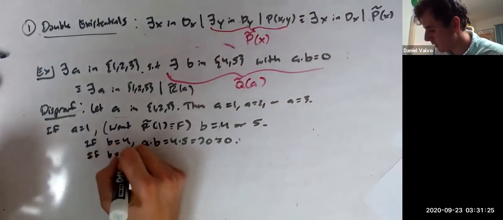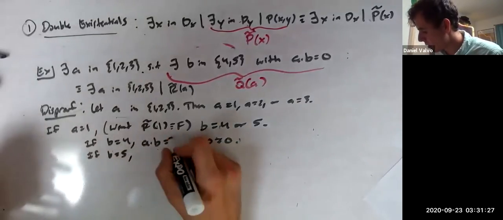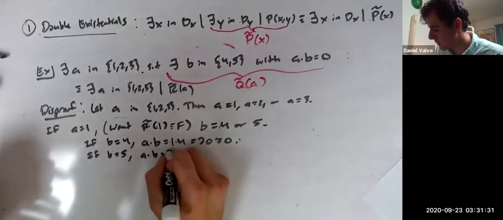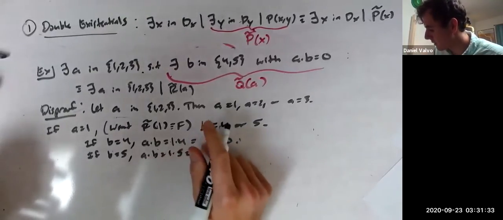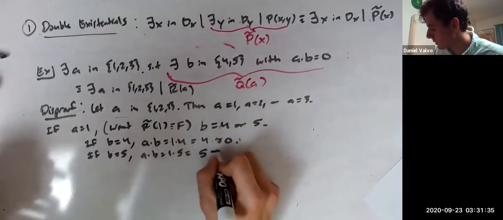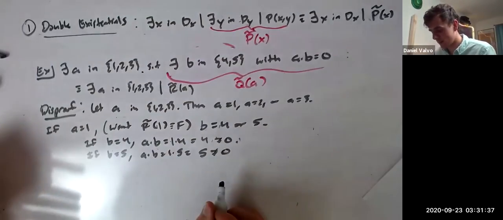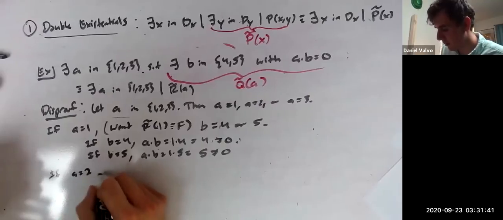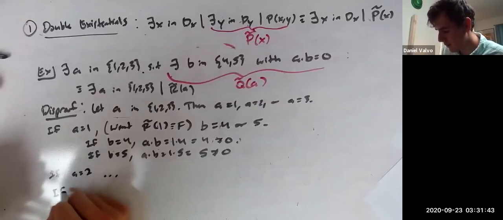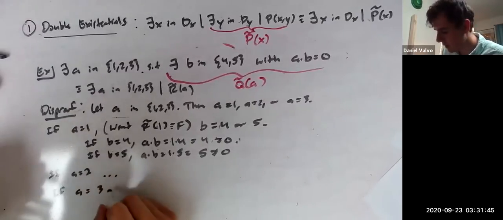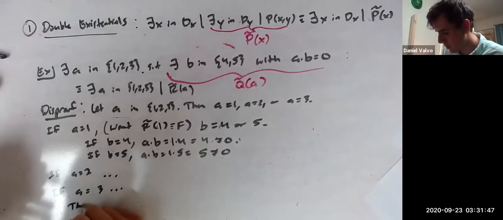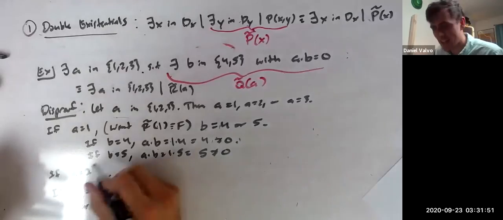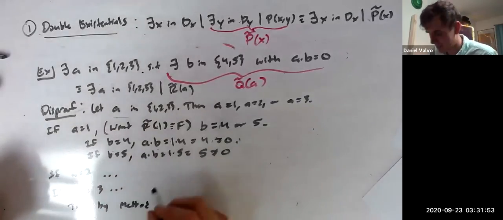If B equals 5, A times B equals 1 times 5, which equals 5, which is not 0. And then you do the same thing for if A equals 2, and the same thing for if A equals 3. And then thus, on a test or something, you'd actually write this out, but I'm just trying to save time here.